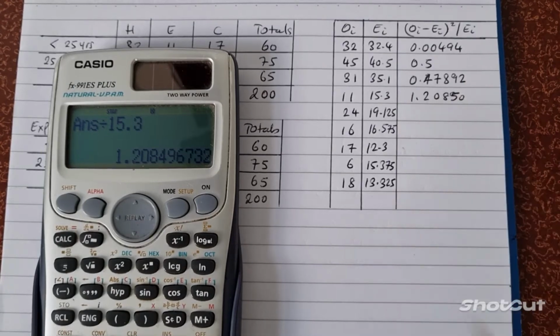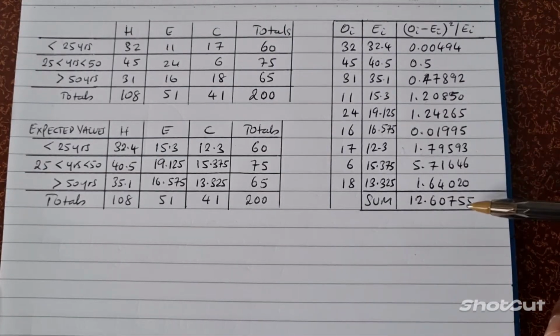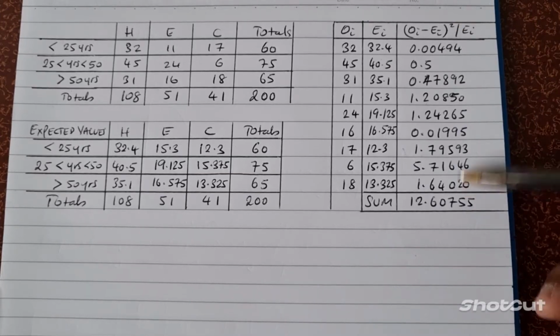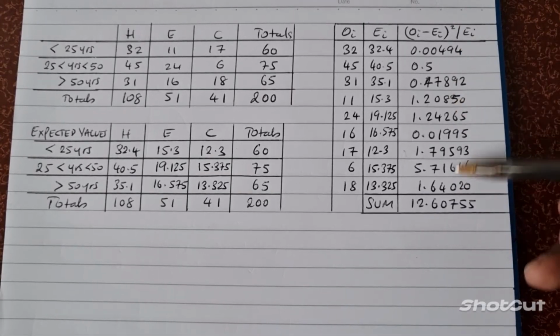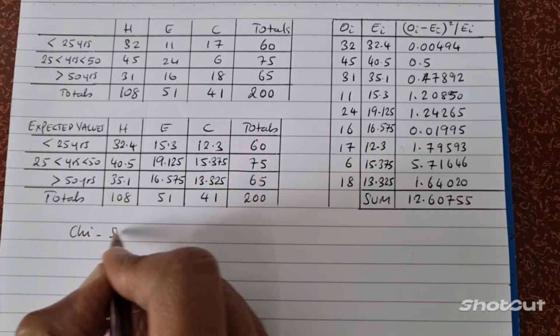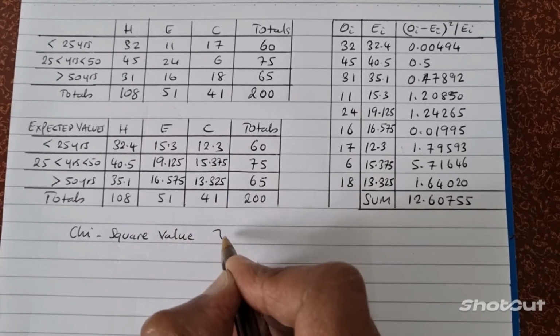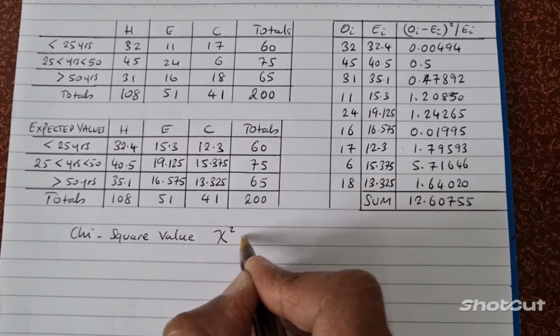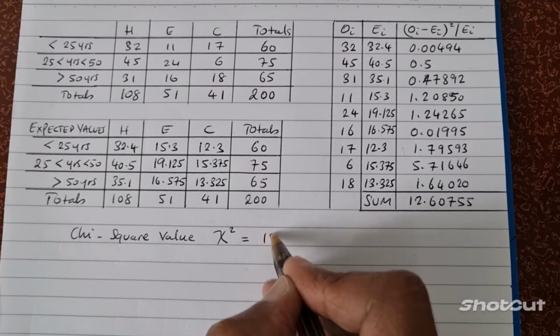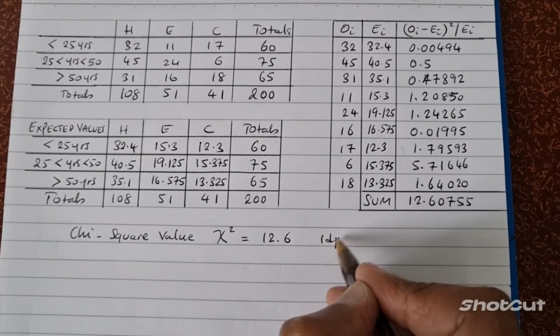We're going to do all of that for each cell. Now from this table, after adding each and every one of these numbers, I get the sum, which is my chi-square value. It's often written with the Greek letter chi-square, and that comes to 12.6 to 1 decimal place.